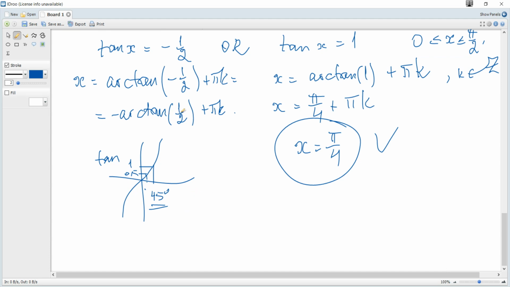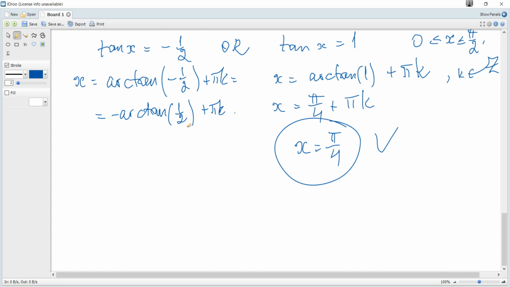So it's some angle which is less than 45 and minus, so when k is 0, it's some negative value which is not from the required region, and when k is 1, it becomes pi minus an angle which is less than 45, and definitely it will be greater than pi over 2, so there are no solutions here.